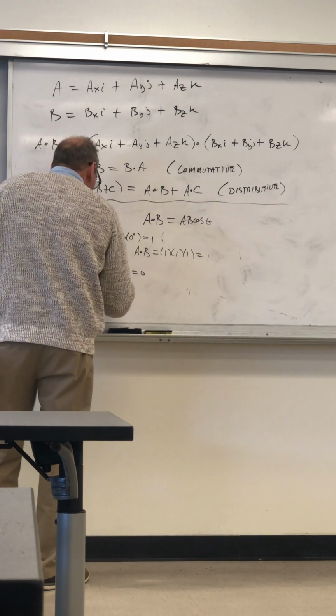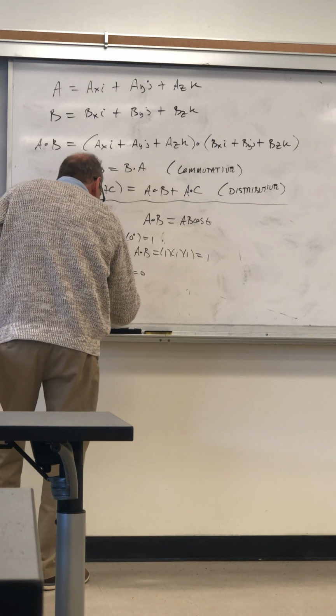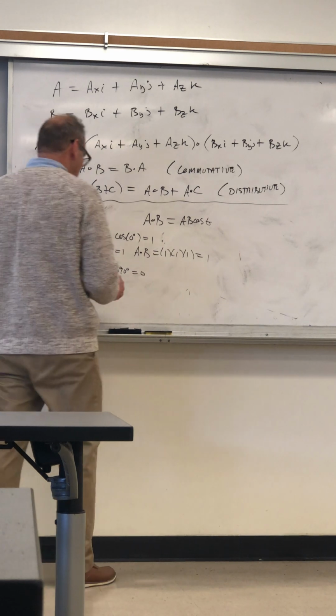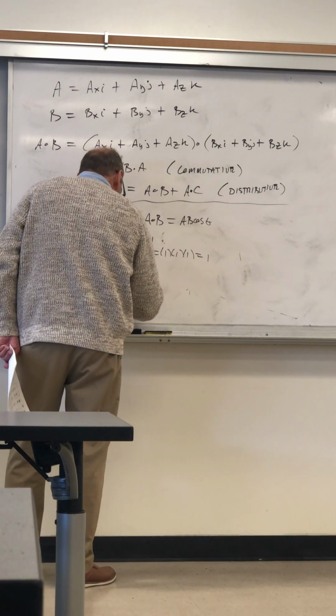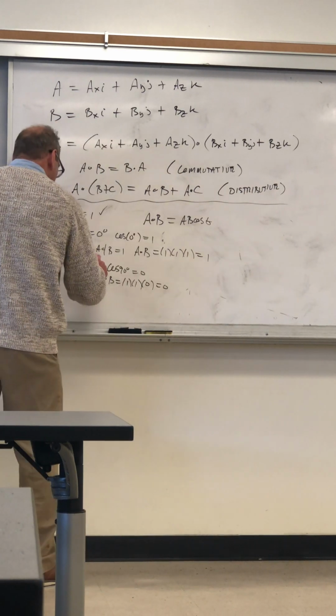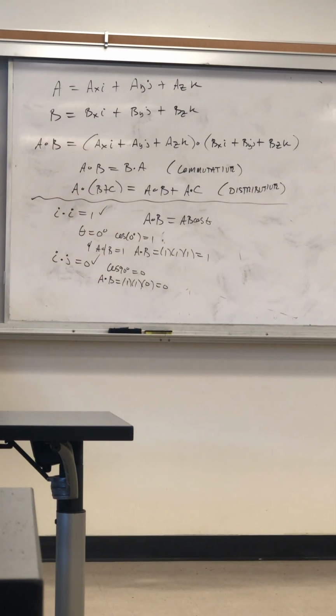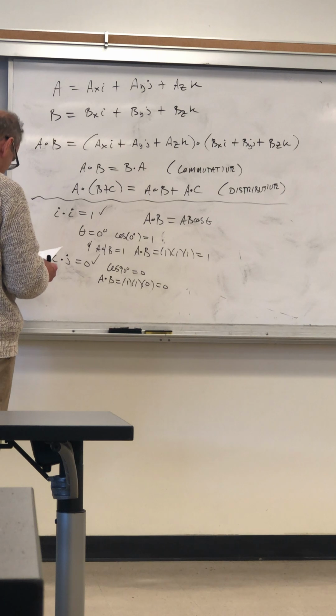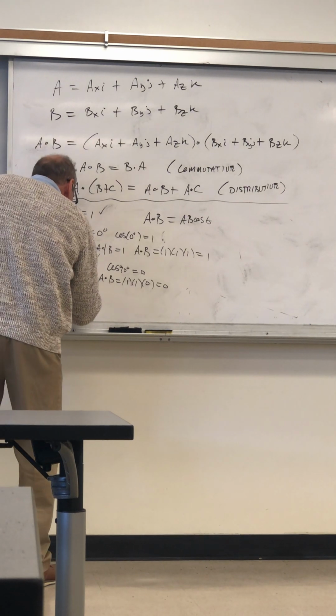And so we have A dot B is AB cosine theta. So we have 1 times 1 times 0. That's right. See that? AB cosine theta. Cosine theta is 0, because theta is 90 degrees.